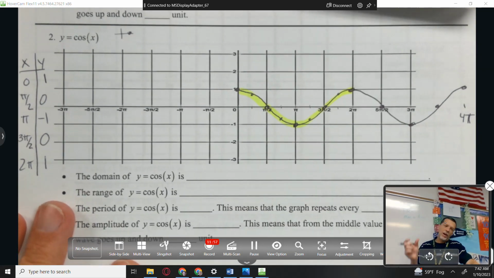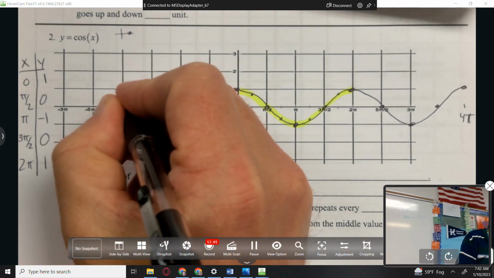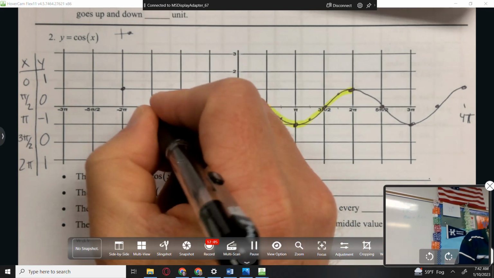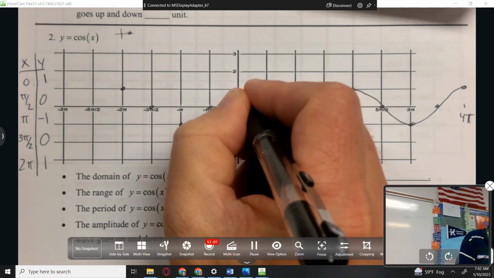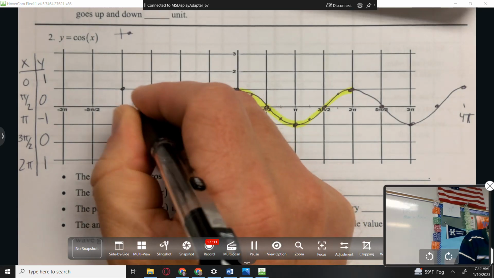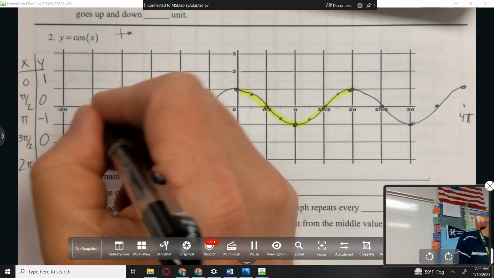And again, we can copy that backwards. Oh, that wasn't the best.